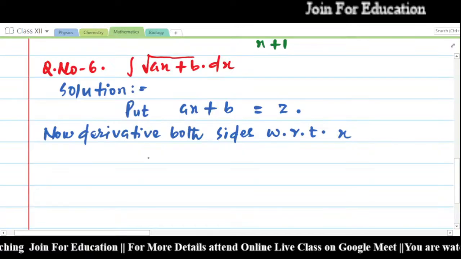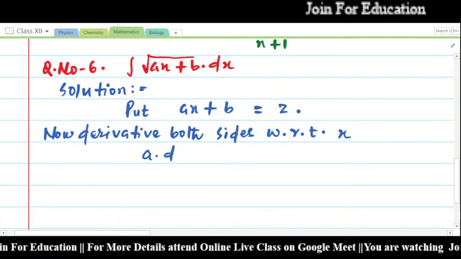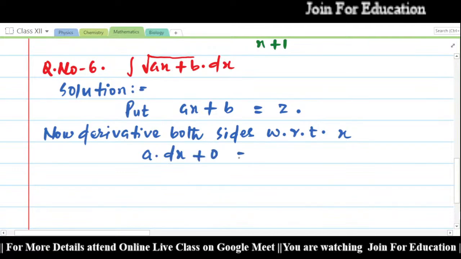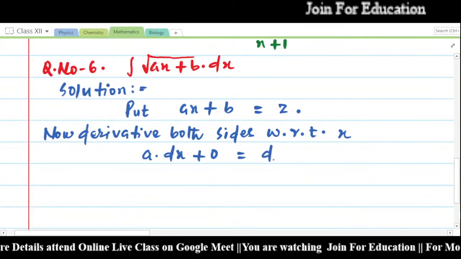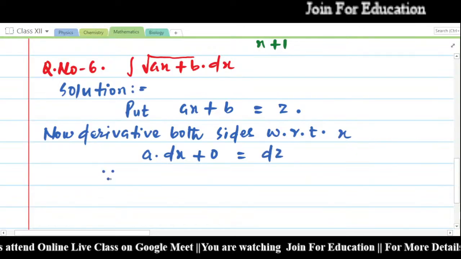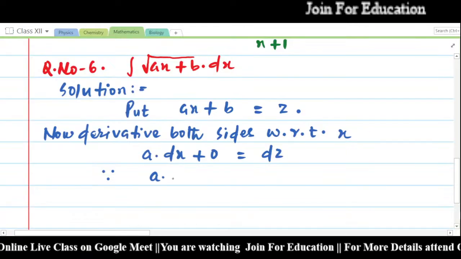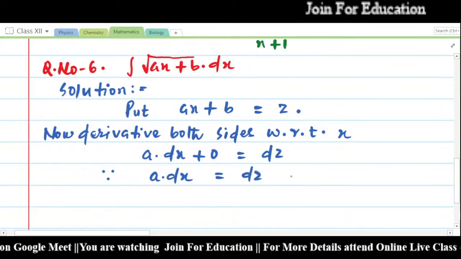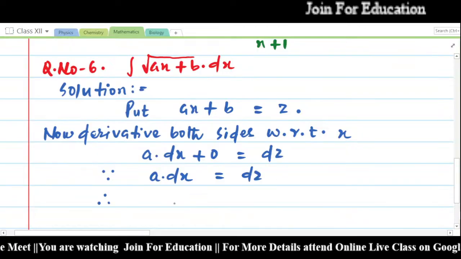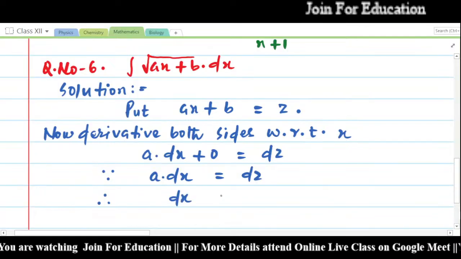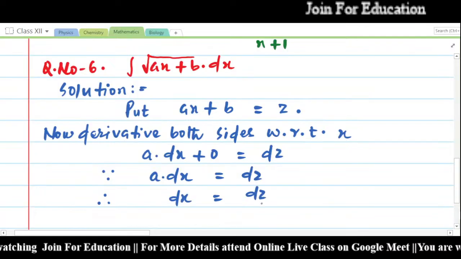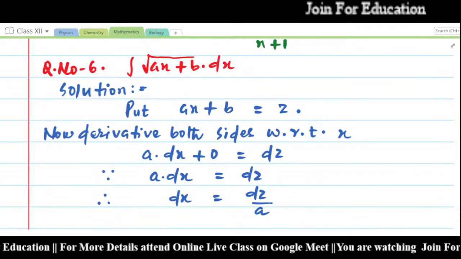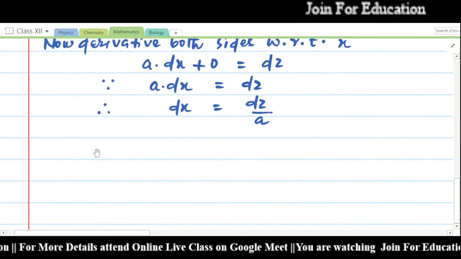On the left hand side we get a into dx, and the derivative of b will be 0, and the derivative of z will be dz. Therefore a into dx equal to dz, so dx equal to dz by a.